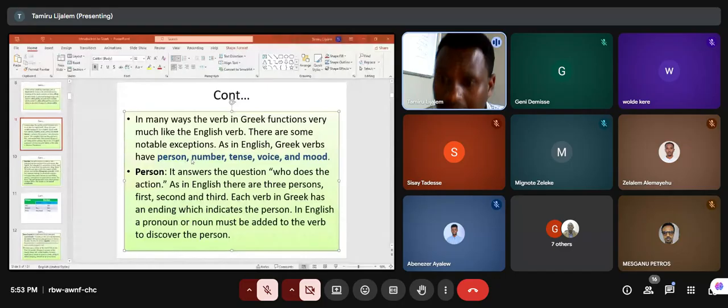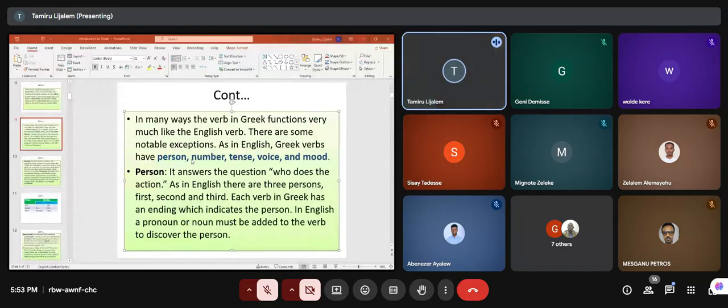In terms of tense, it is either time or aspect. In terms of time, we have three possibilities: either present tense, future tense, or past tense.